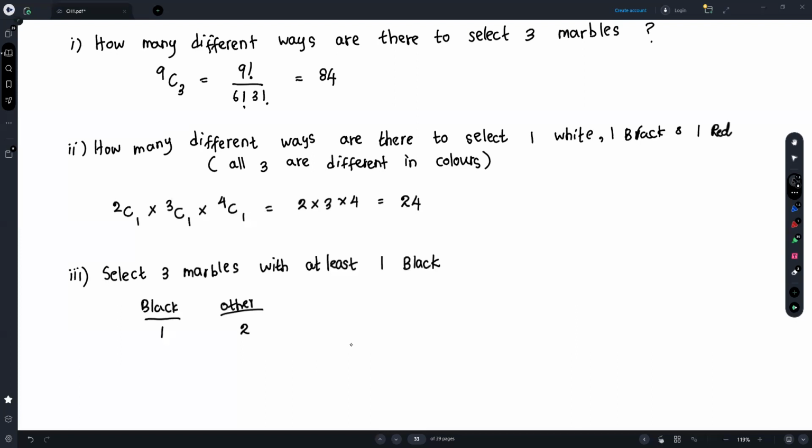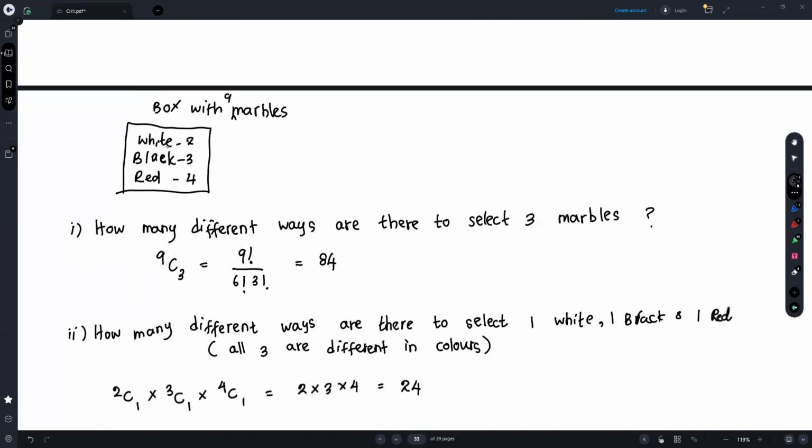You don't care. At least one blue. So you can have two blues, one from other colors. So you can have three blues. So there won't be any other color, right? The reason is there are three blues, so you can go for up to a maximum of three blue marbles, right?